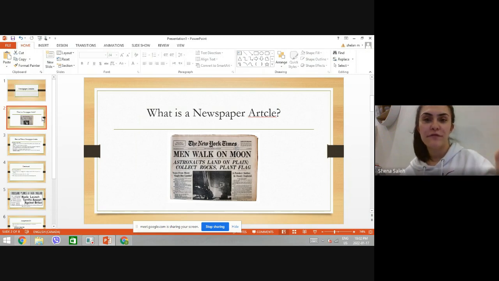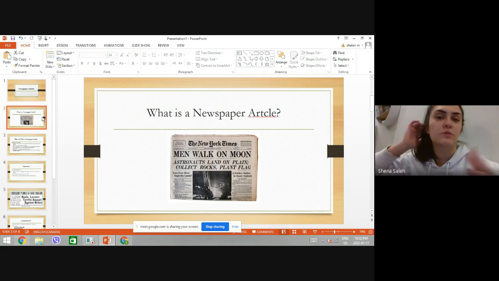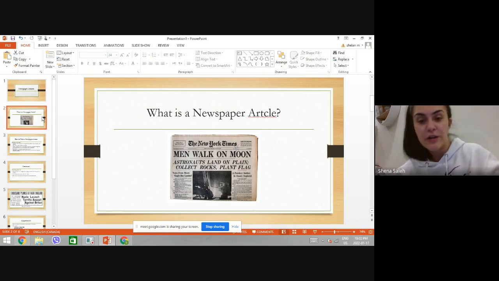So let's say a refrigerator fell from a building, right? And it hit someone on the head and that person died. Well, usually the news reporters, news broadcasting people, or people from newspapers will come to the site where it happened, and they will ask around what happened, why did it happen, how did it happen.